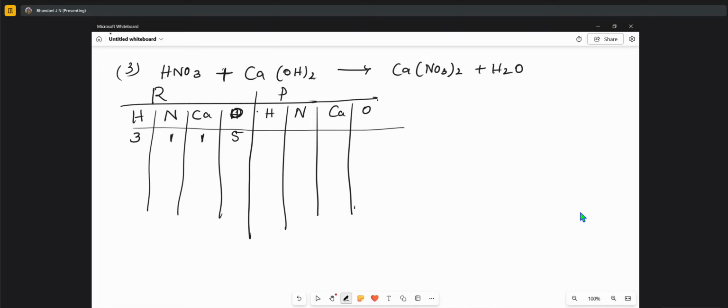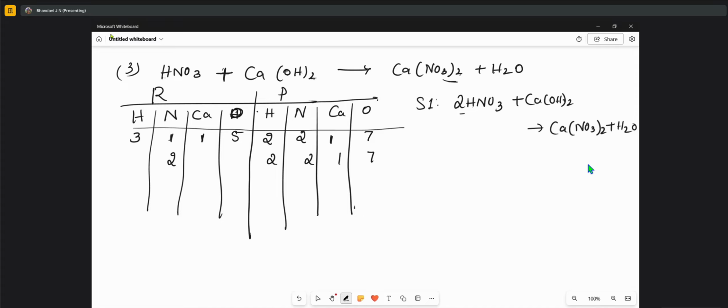In the product, you have 1 calcium, 2 nitrogen, and hydrogen is 2. And oxygen, 3 into 2 is 6, plus 1 here, 7.